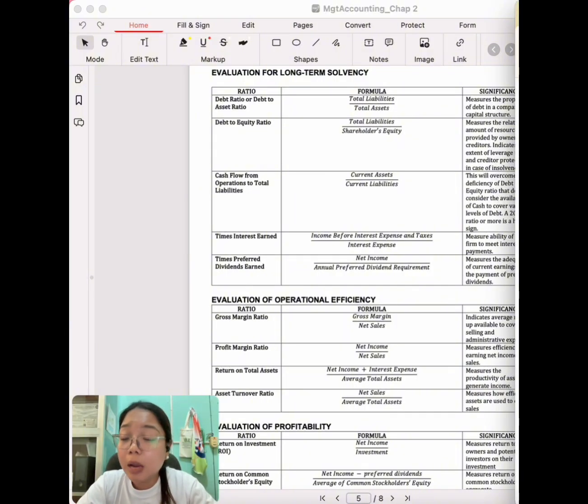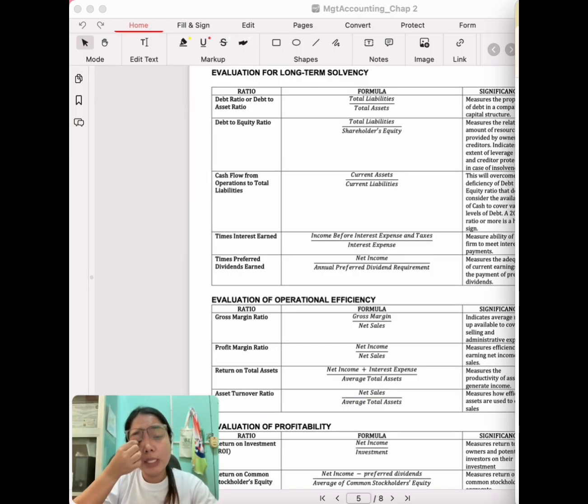So in our module, it identifies that 20% or more cash flow from operations to liabilities as a healthy sign. So pag ang sagot nyo dyan is 20% or more, healthy siya. Again, ang important concept dito sa ratio na ito is, does the business generate enough operating cash relative to its liabilities? So, yun yung sinasagot niya na tanong.